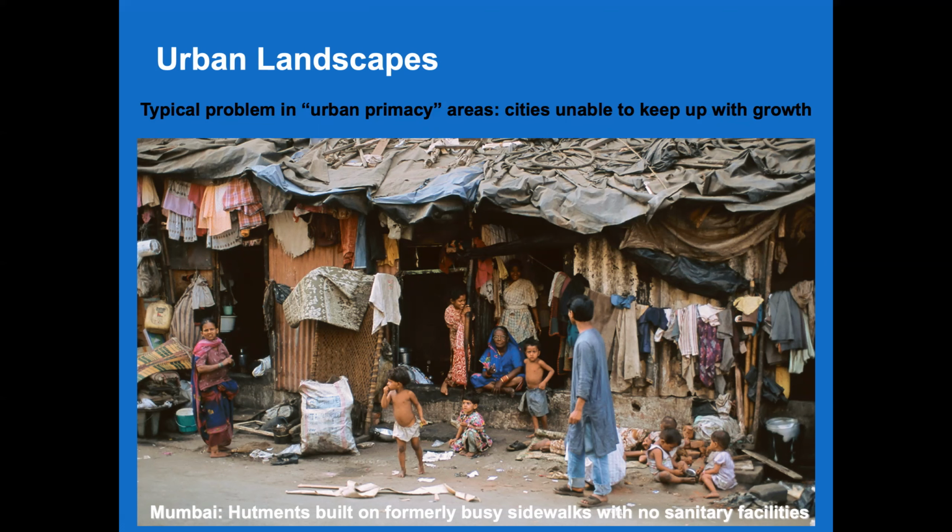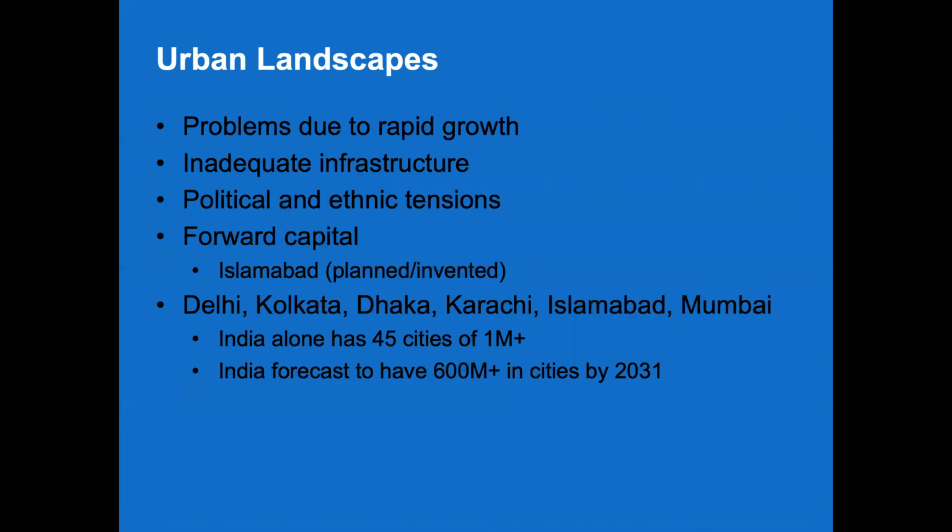Okay, so the idea or the problem with urban primacy is that cities often are unable to keep up with the growth that is taking place. Again, problems due to rapid growth, inadequate infrastructure. This can lead to political and ethnic tensions.